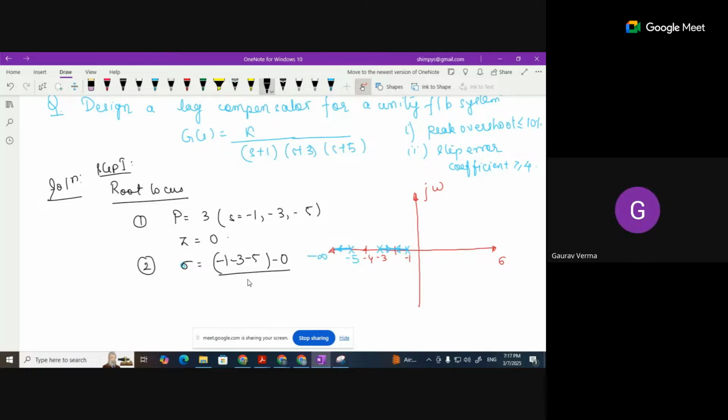Are we finding centroid or breakaway? Centroid. Okay, centroid is minus 9 divided by 3, that comes out to be minus 3.